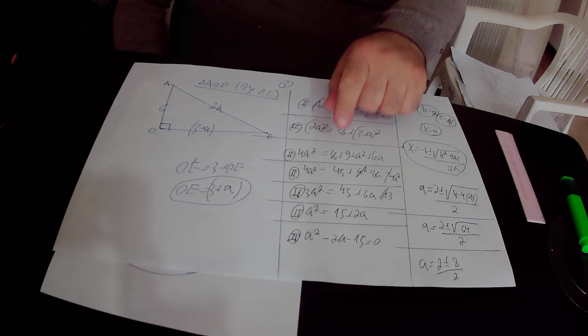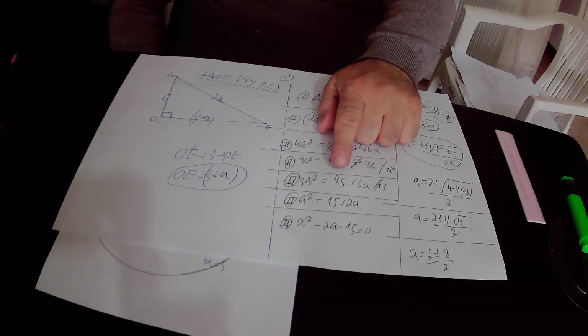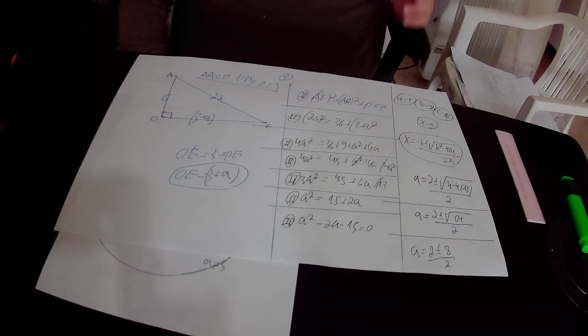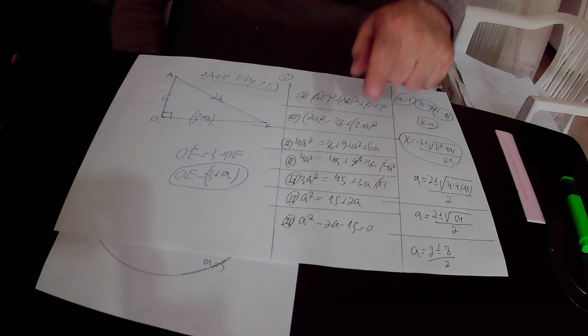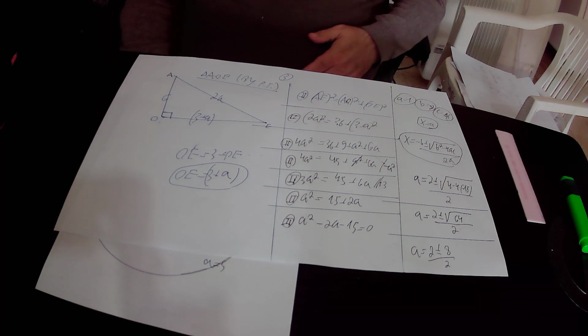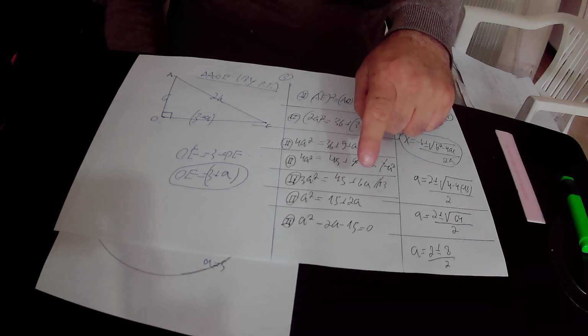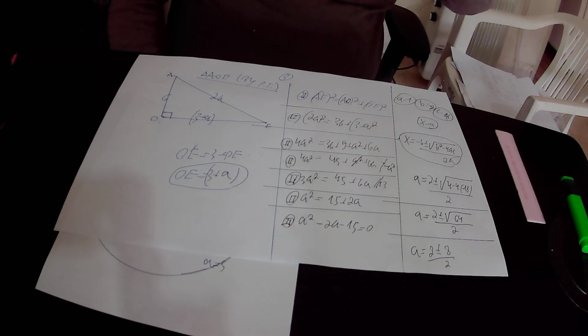So a squared equals 15 plus 2a. We subtracted 15 and also 2a from this equation, and we got the quadratic equation a squared minus 2a minus 15 equals 0.